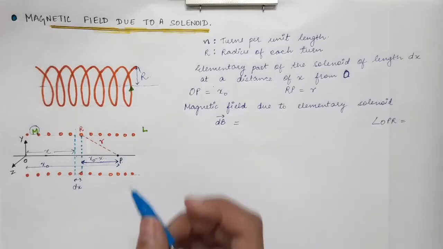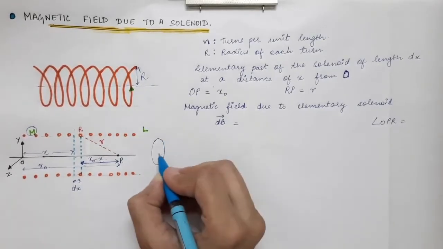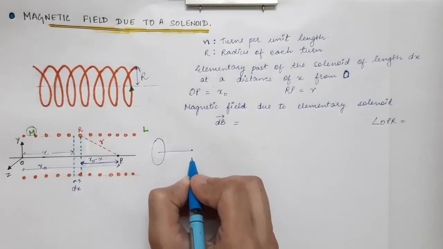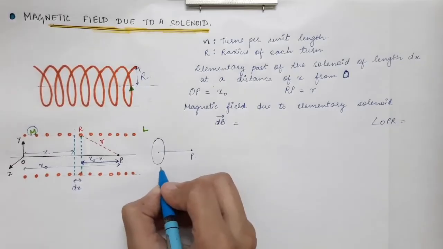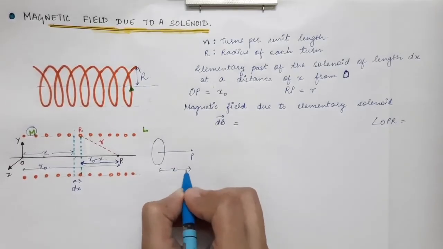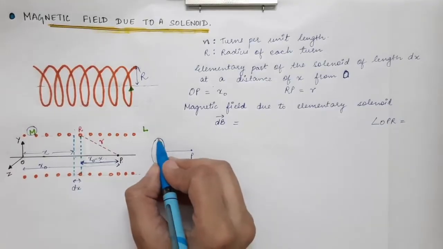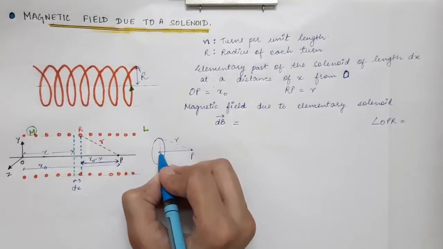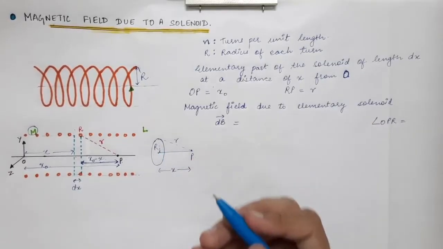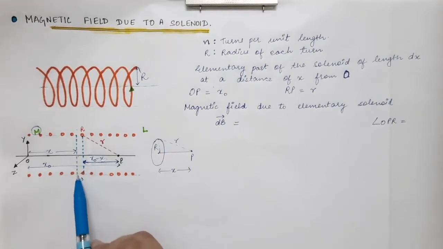This we have already seen in the previous lecture, where we had a current carrying coil, and we found the expression of magnetic field at an observation point P, at a distance of x from the center of the coil. That distance was supposed to be equal to small r, and this was equal to capital R. So same thing is over here. Here what you have is an elementary part of the solenoid.